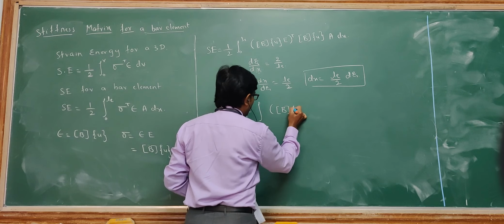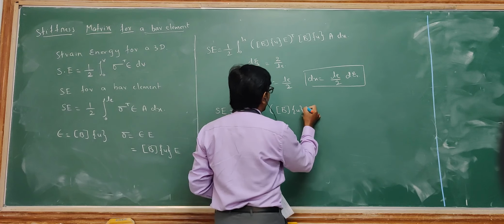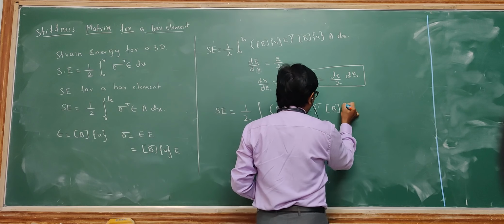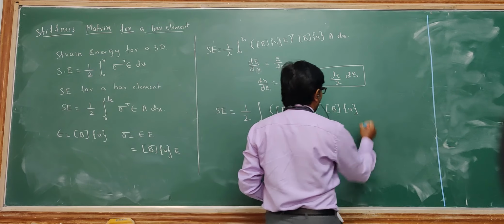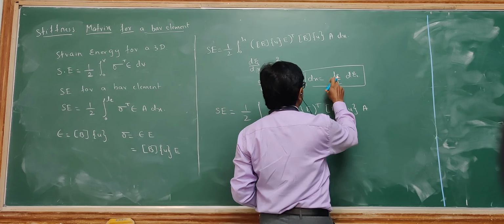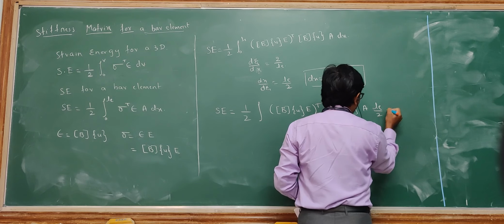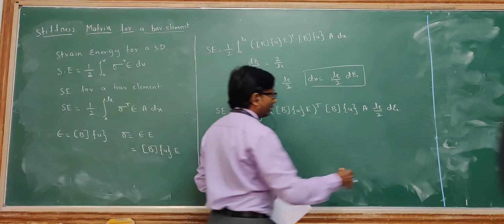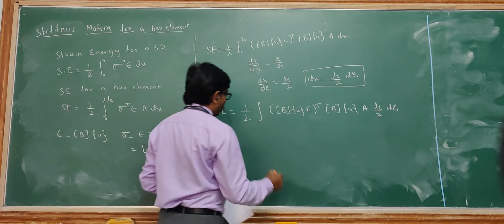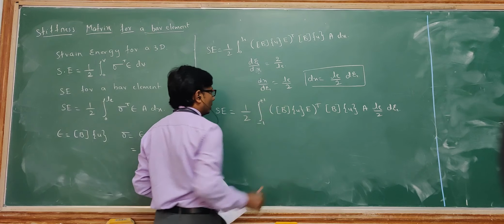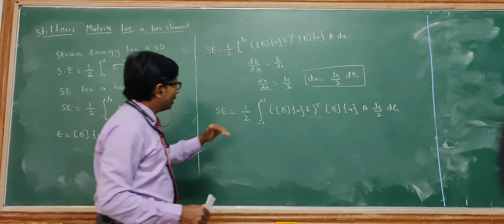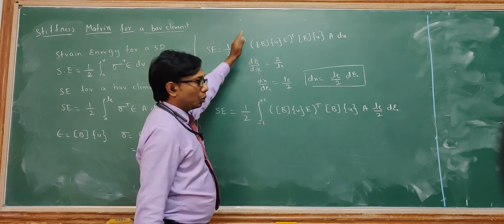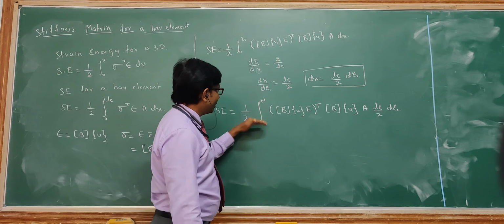When the zeta parameter comes into picture, the integration limits change. Initially in the global coordinate system you had written 0 to LE, now we are writing -1 to +1.